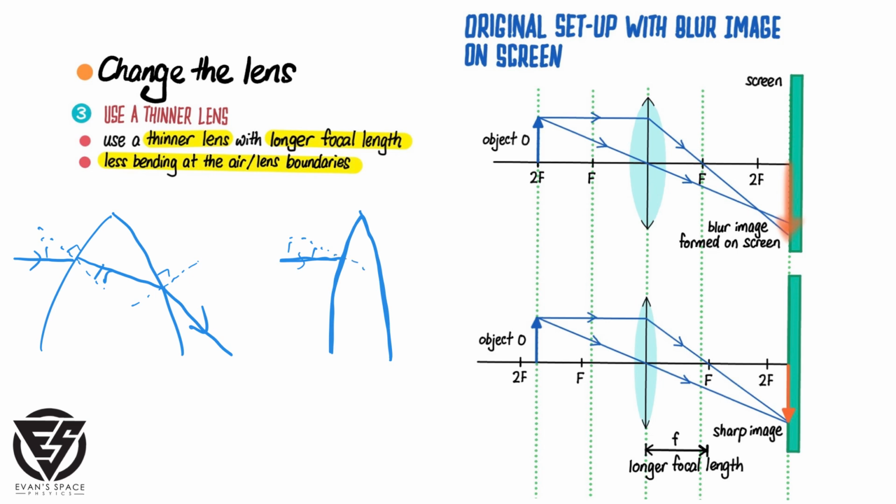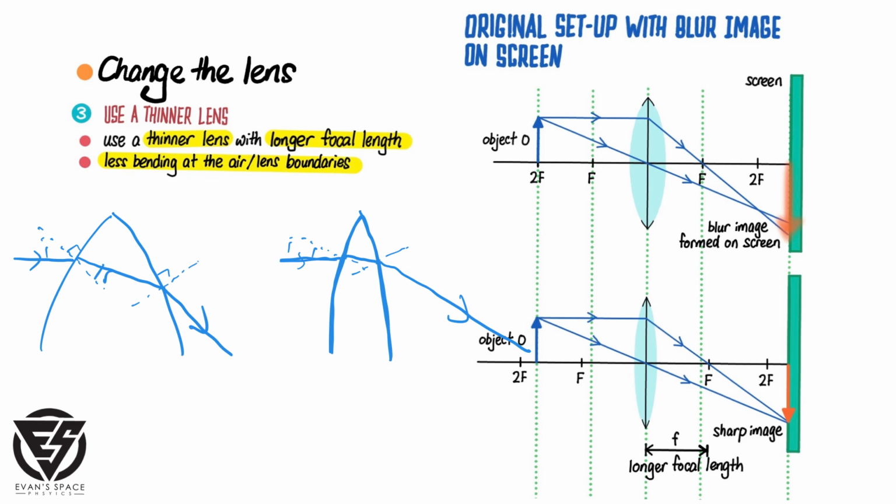This is the normal, so you will bend less, and then at the normal over here, you will bend away from the normal. So you can roughly get the idea. If this is the optical principal axis, your focal point where it cuts the principal axis will be further away. The focal point is further, or in other words, it will be a longer focal length.